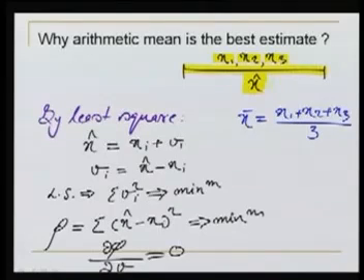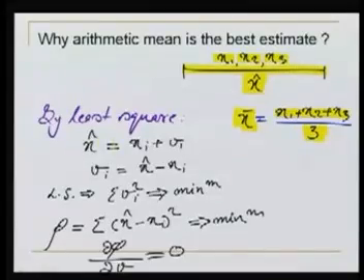How do we do it conventionally? We find the arithmetic mean. The arithmetic mean is x1 plus x2 plus x3 divided by 3, because we have got 3 observations. But is this really the best estimate if we carry out the same problem by least squares? This is what we are going to check.